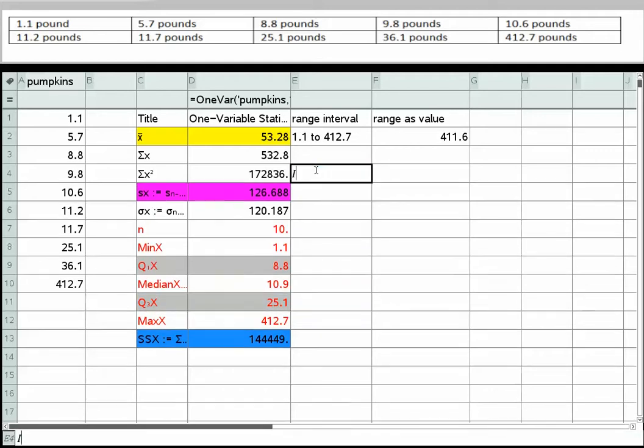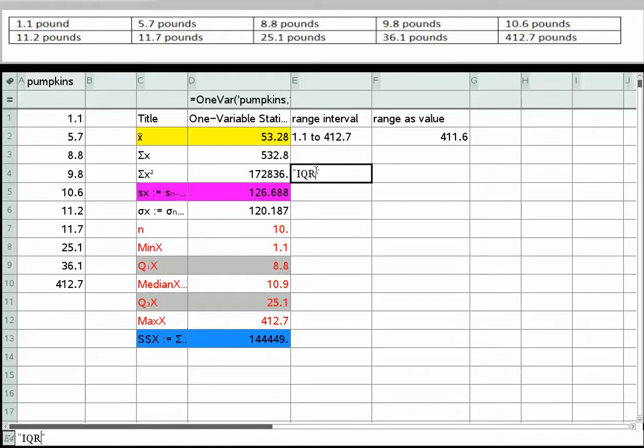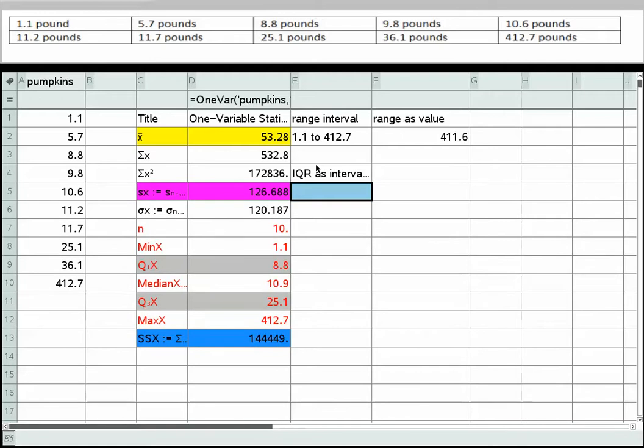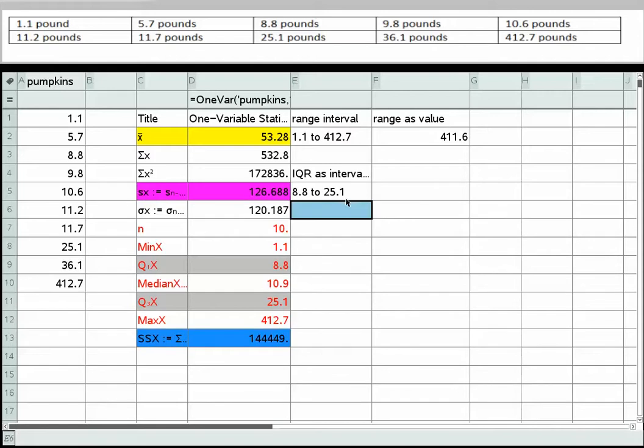So if I want to know the IQR as an interval, then I'm basically going to state the low, which in this case is 8.8, to the high, but not the high, the edges of the box. So the Q1 score 8.8, and then Q3 score 25.1. All right, that's as an interval.